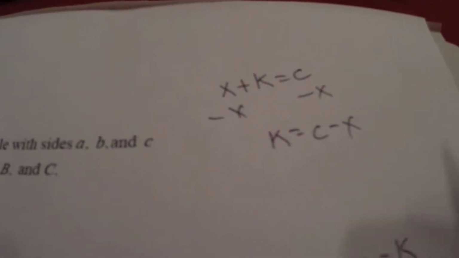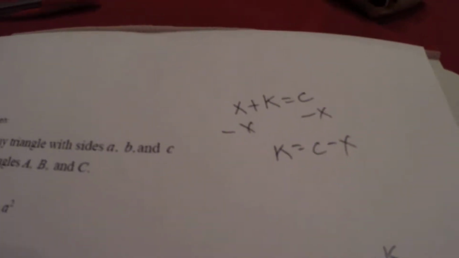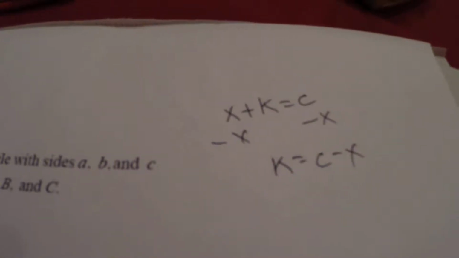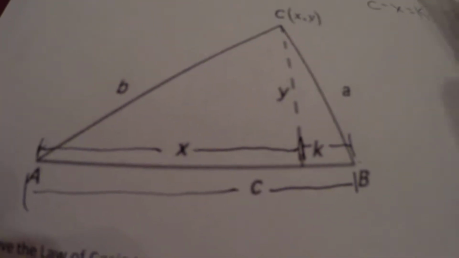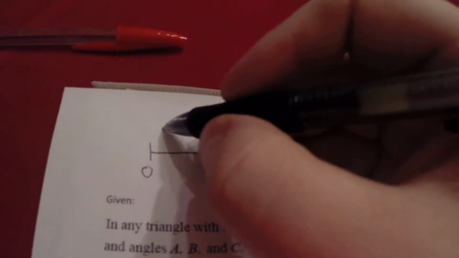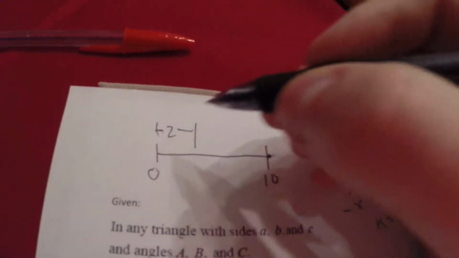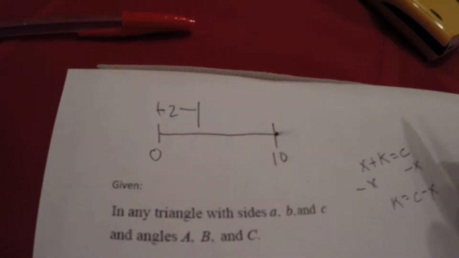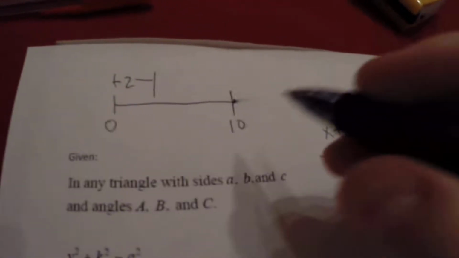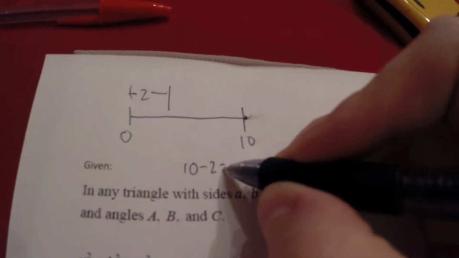A third way, if you're still looking at this like, why is this man speaking mumbo jumbo? A third way of looking at this is to realize, from a more concrete example, that if this is 0 and this is 10, and I say that this piece here is 2, then what is this length here? I think it's pretty clear that you're going to say 10 minus 2 is 8.